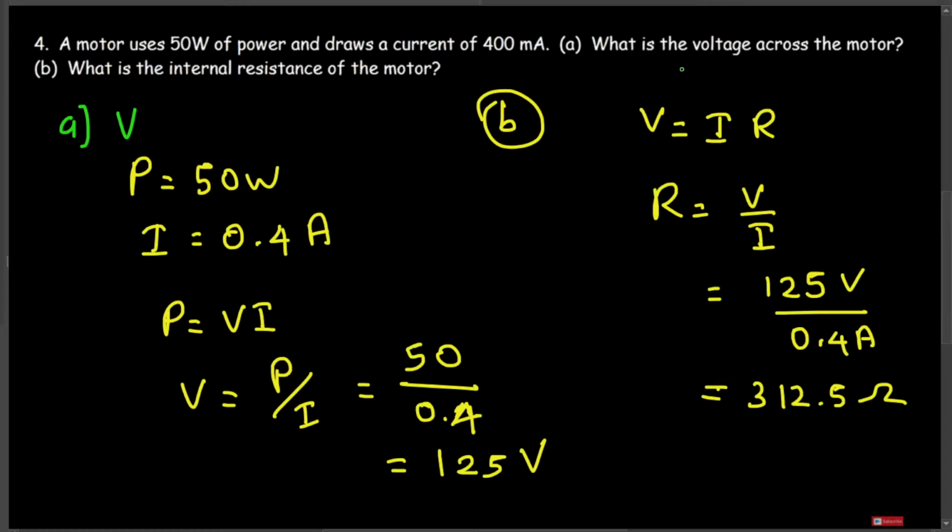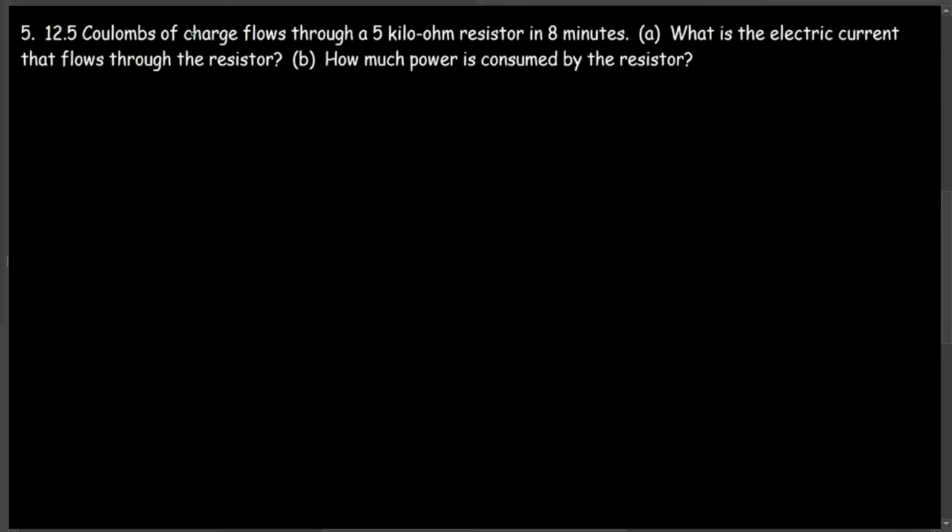Now let's look at another problem. Here this question is asking: 12.5 coulombs of charge flows through a 5 kilo ohm resistor in 8 minutes. We have the charge, we have the resistor, and we have the time.